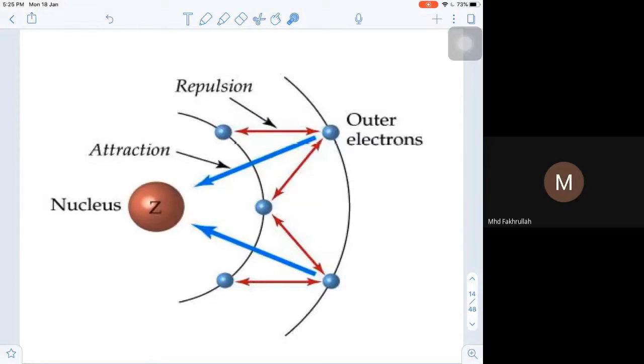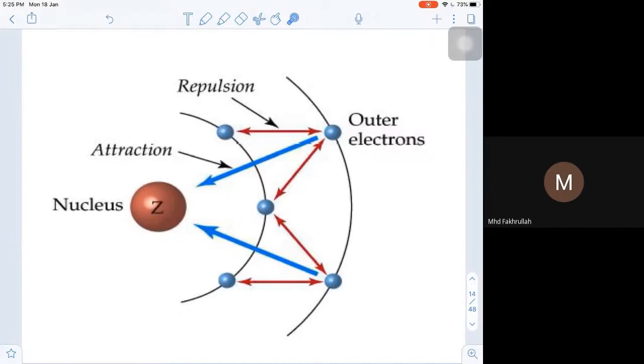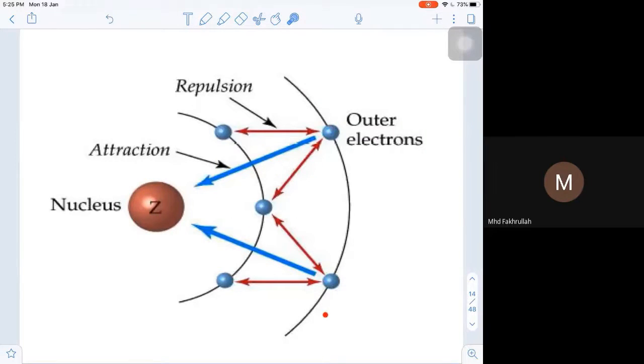And then the size of the atom actually depends on how strong the attraction is between the outermost electron and the nucleus. If the outermost electron experiences a stronger attraction towards the nucleus, it will make the electron cloud shrink towards the nucleus. But if the valence electron experiences a weak attraction, it will make the size of the electron cloud expand.